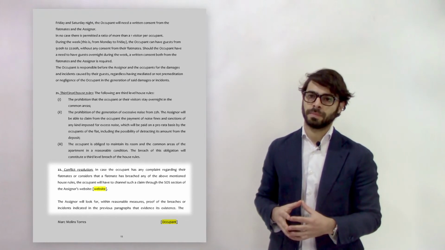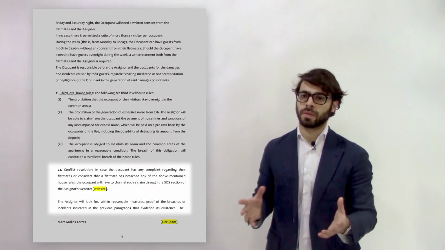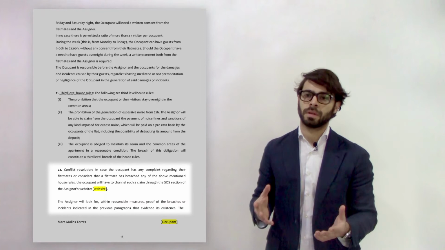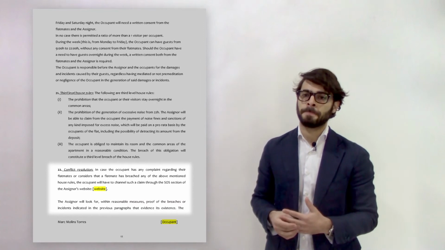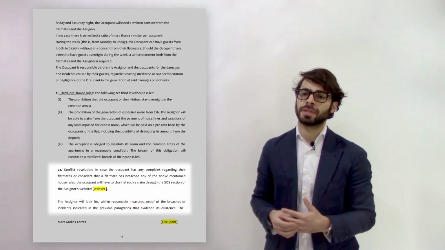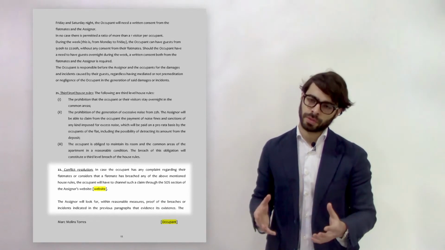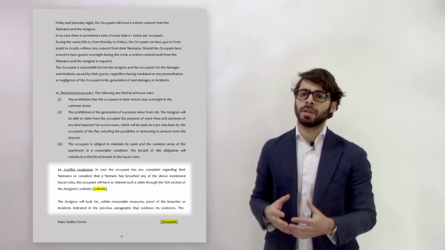In this case, LF will act as a mediator to try to solve whatever conflict happens within the flat, within your stay in Barcelona. In this case, LF encourages you to try to solve it between flatmates in case of minor transgressions, for obvious reasons.